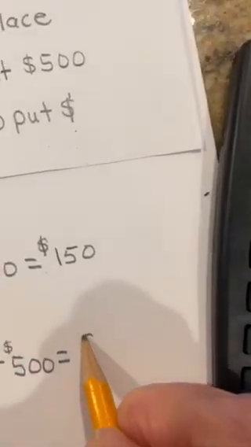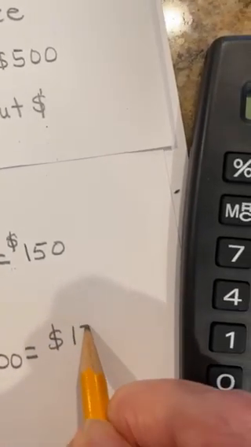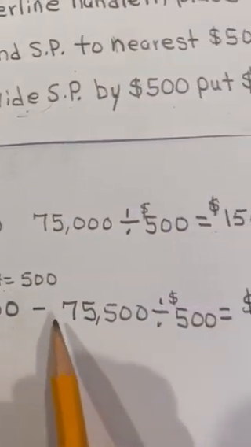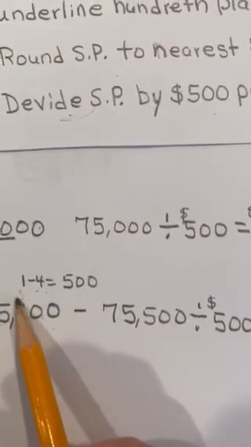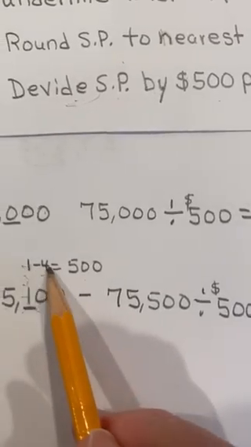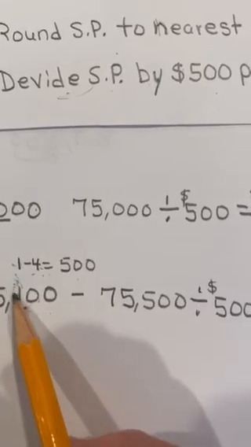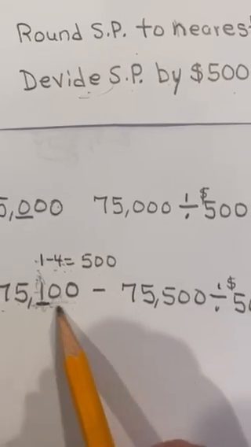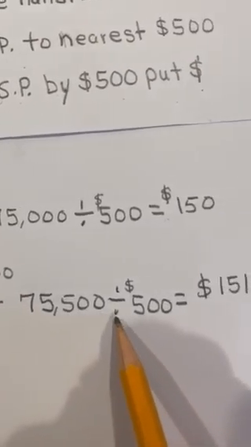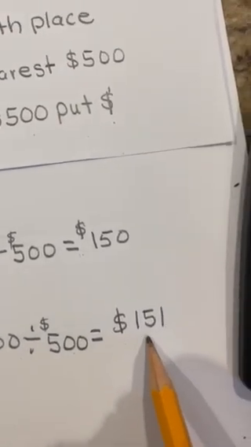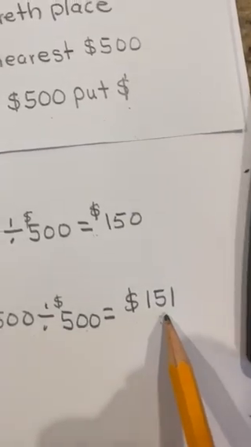And that would be your answer for your excise tax or your transfer tax. If the number starts with 75,100, you change the 1, 1 through 4, any numbers. If this was 1, 2, 3, or 4, you go up to 500. Then you divide it by 500, and you get $151 for your tax.